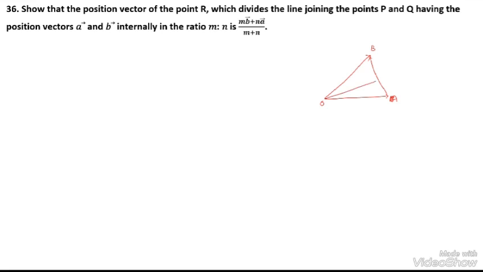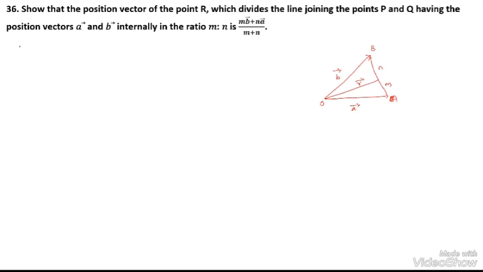So I can cut it internally in the ratio m is to n. This is the position vector R. O to B, there is a vector B, and O to A, there is a vector A. From the origin O to A, there is a position vector A.